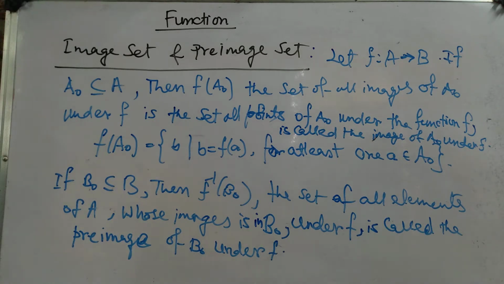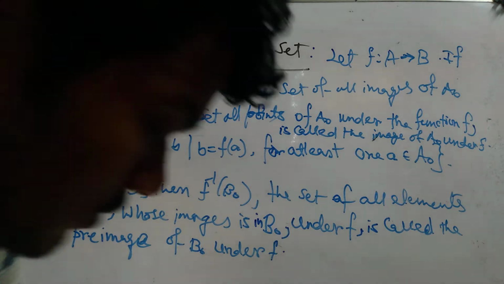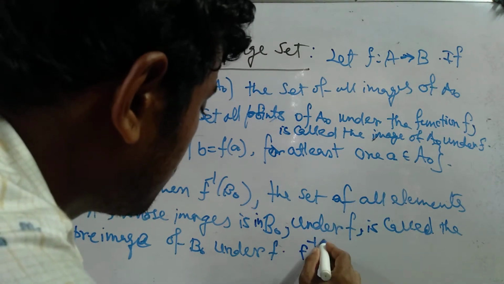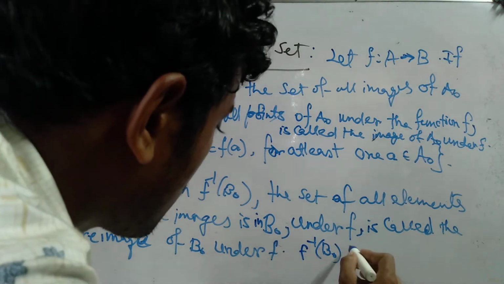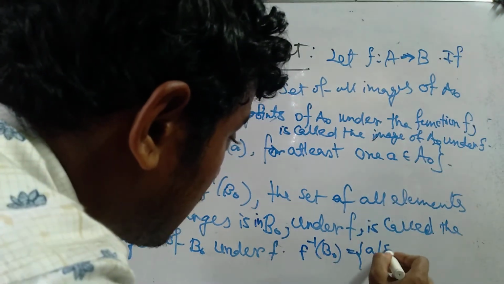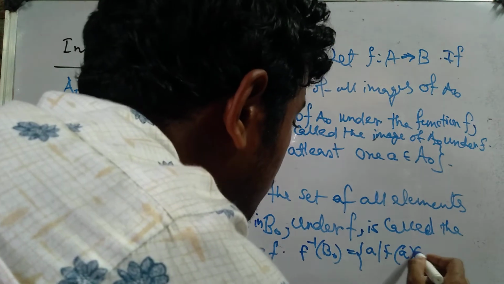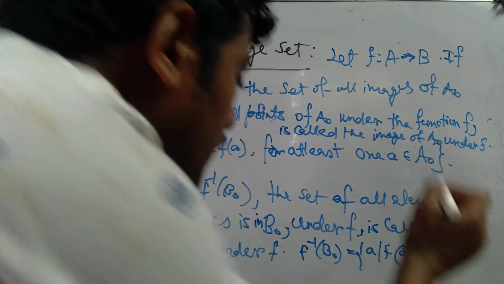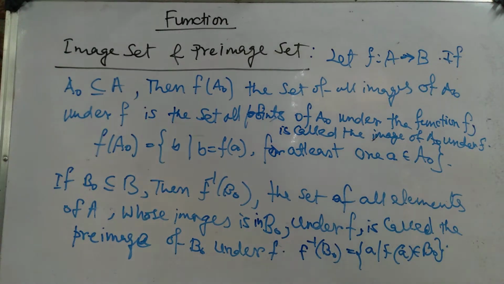This is denoted by f inverse of B0, equal to those a such that f of a belongs to B0.